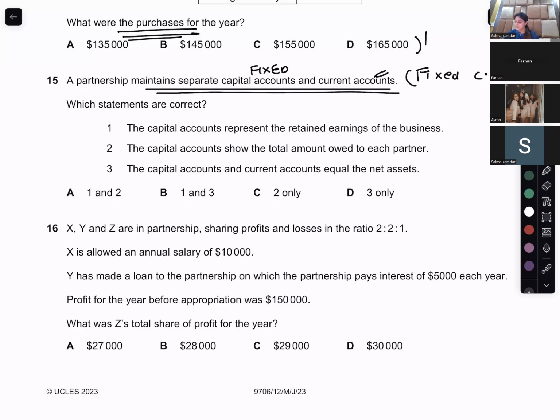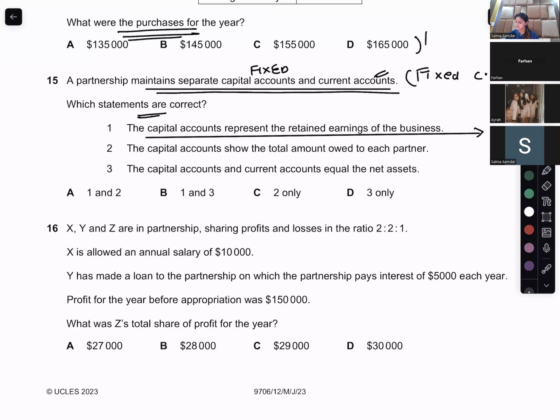So what statements are correct? Read the first statement. The capital account represents the retained earnings of the business. Is it correct? No. What does the capital account represent?